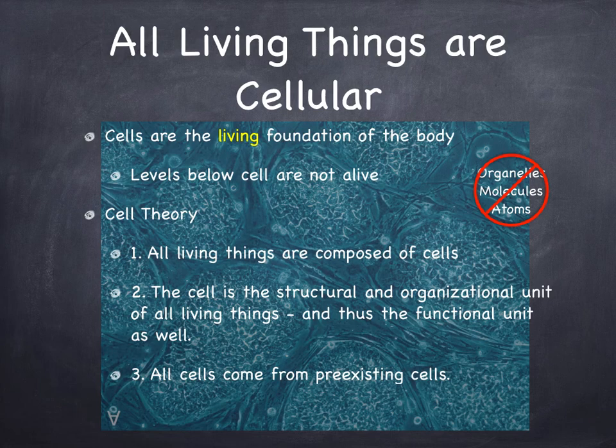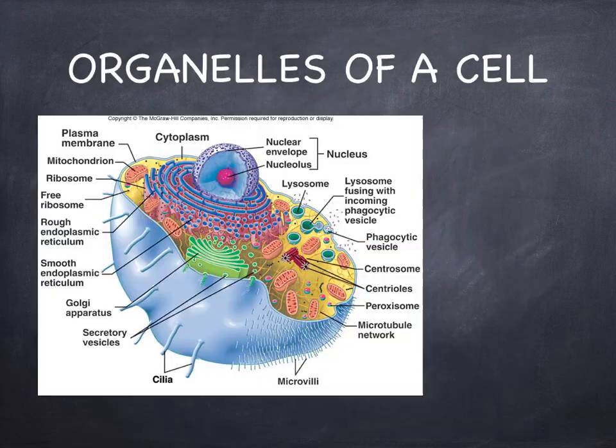So let's get a better understanding of what a cell is. In most textbooks, there's a picture, something like this, that shows what is purported to be a cell. Well, this is not any cell that you and I or anyone has ever seen. This is an artist's drawing to try to represent the parts of all cells.